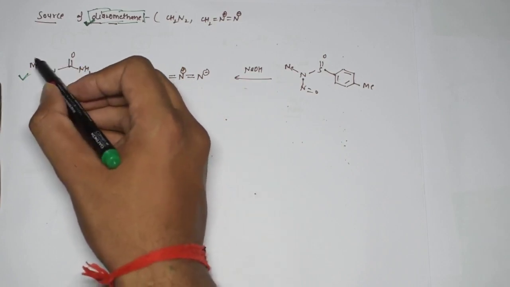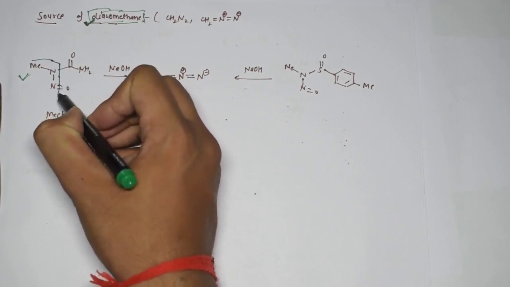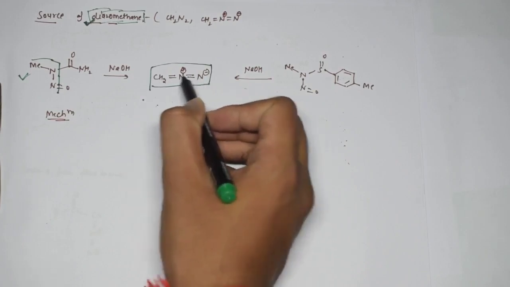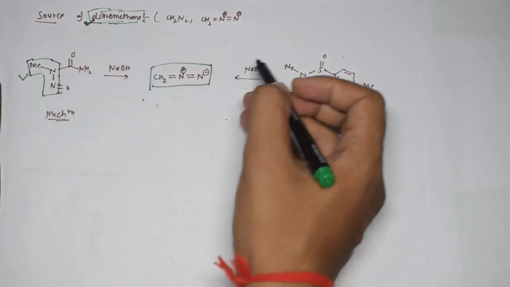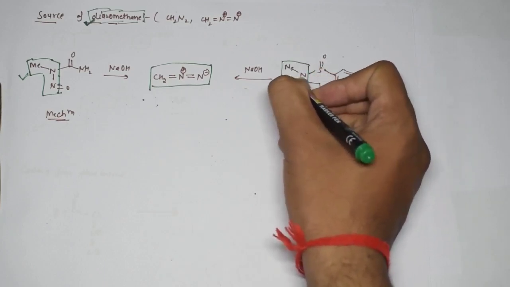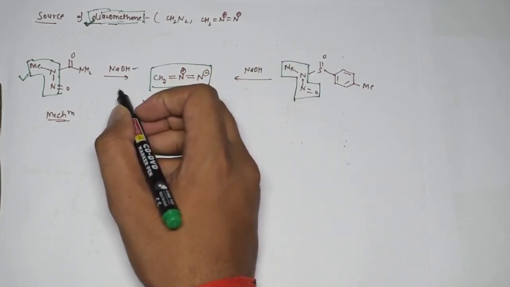Here we have this Me and this N and this O, right? And here in this case, what you are getting is CH2 and N plus and N minus. So from this part we will get this diazomethane, the same here, from this part we will get diazomethane if we are treating it with base, right?